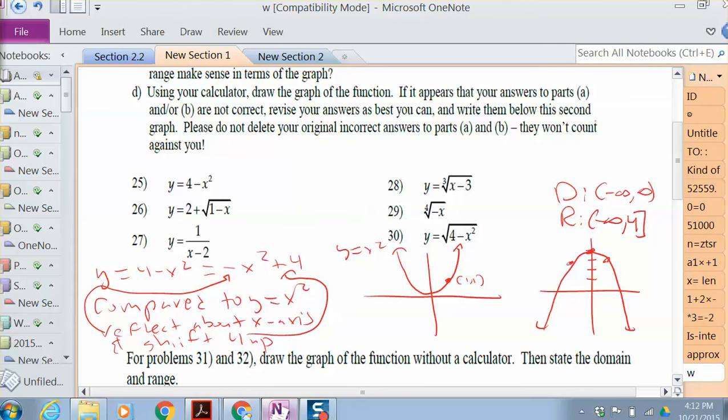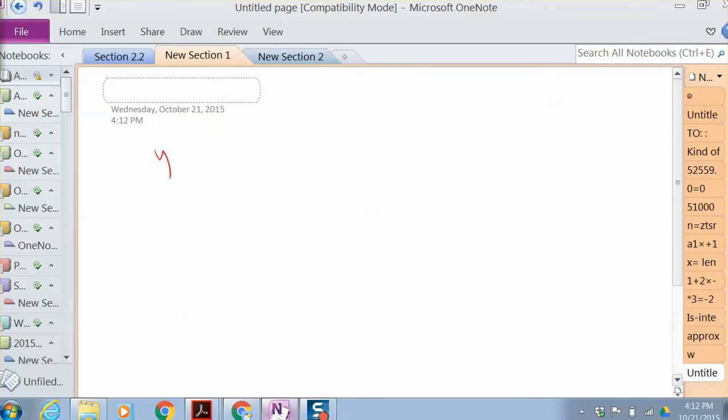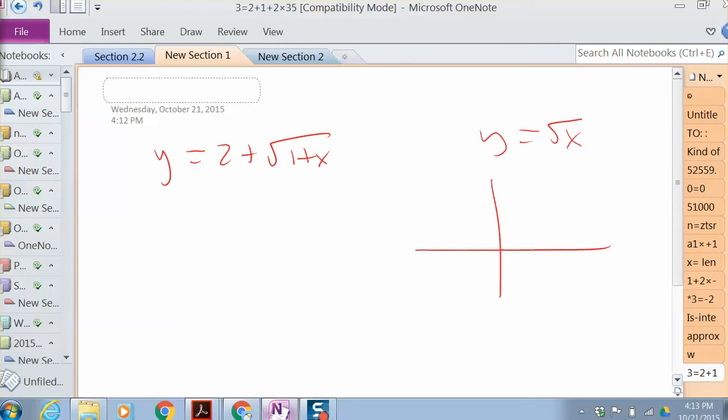Now, let me open up a new screen for number 26. Y equals 2 plus root 1 plus x. Now y equals root x, we know should look like this. Point at 0, 0, and point at 1, 1.